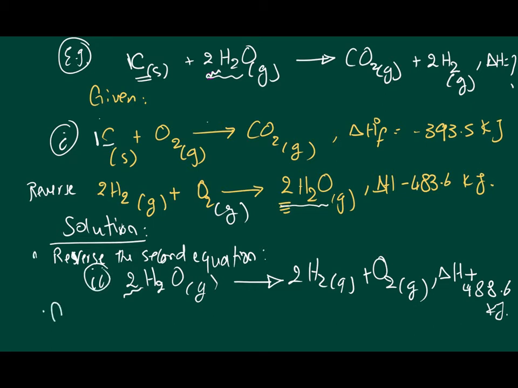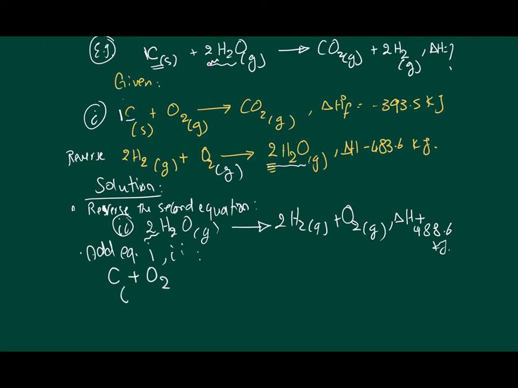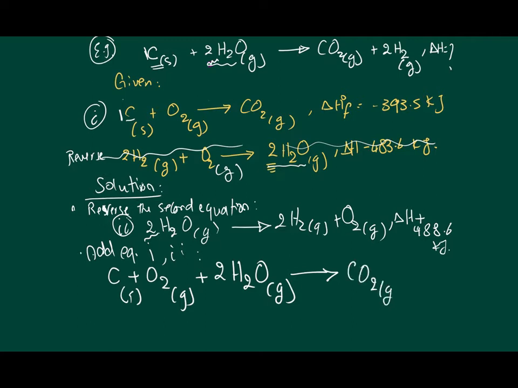And then add equations 1 and 2. By adding the two equations, so C plus O2, write all reactants together, plus 2H2O gives, now forget about this equation, we are not using it anymore, CO2 gas plus 2H2 plus O2.